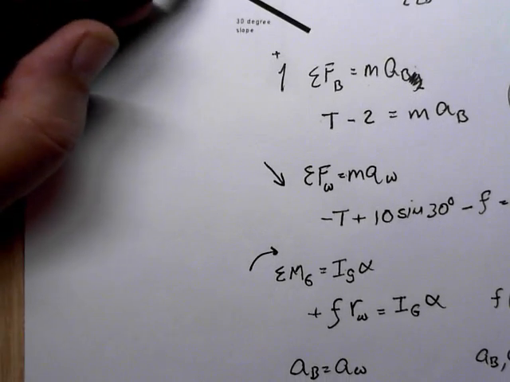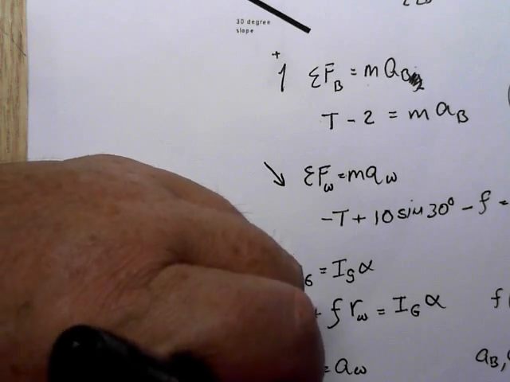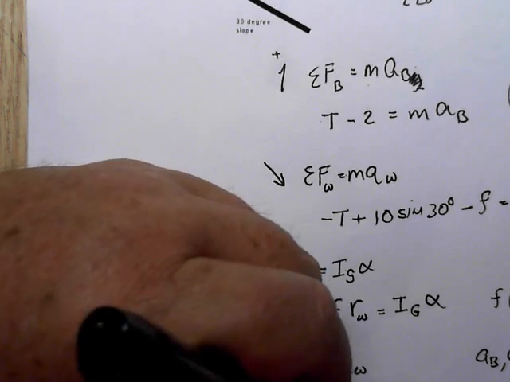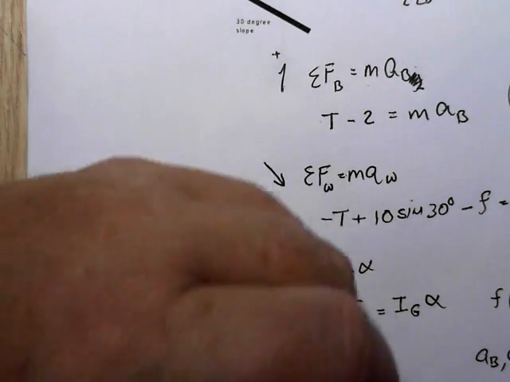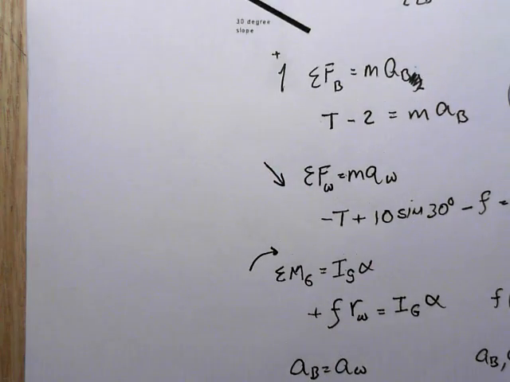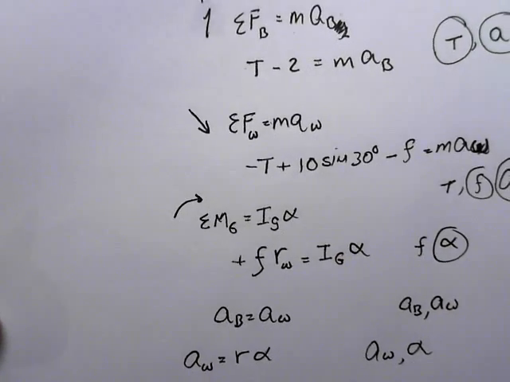And then finally we can write our kinematic equation that the acceleration of the wheel is equal to the radius of the wheel times the alpha of the wheel. And this is our 5th equation, and it involves A of the wheel and alpha, none of those appearing for the very first time.